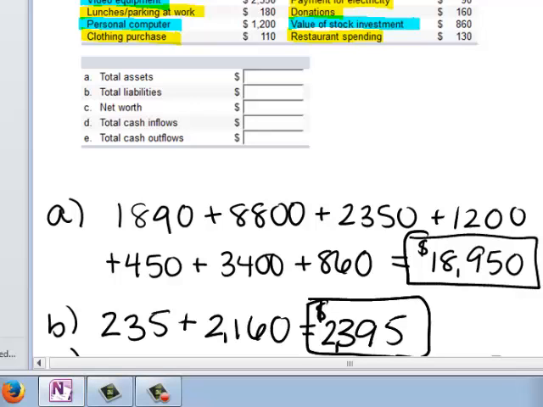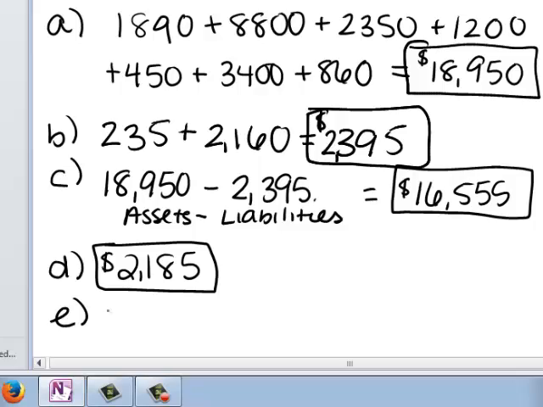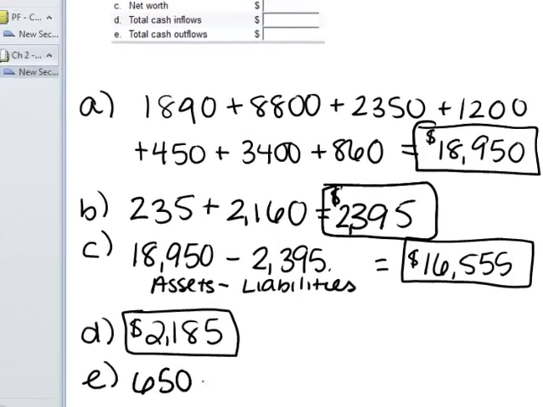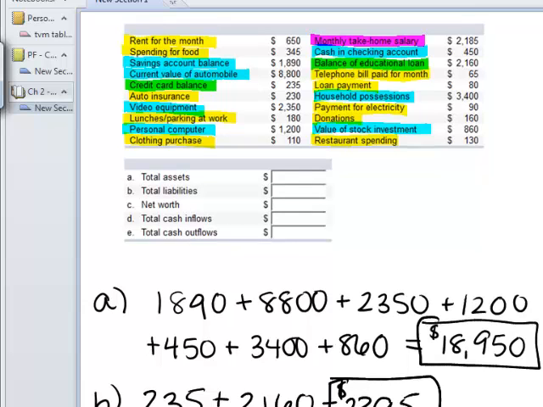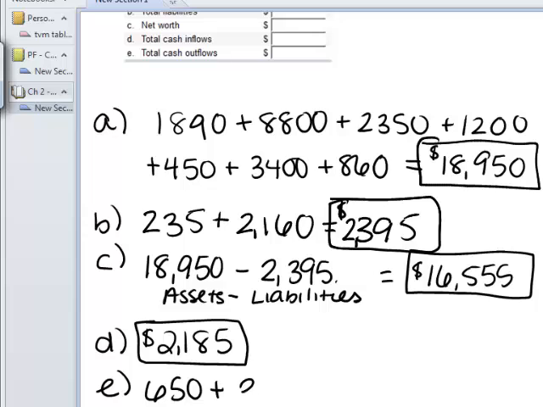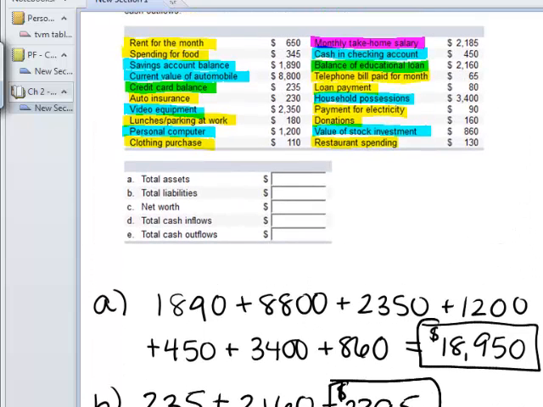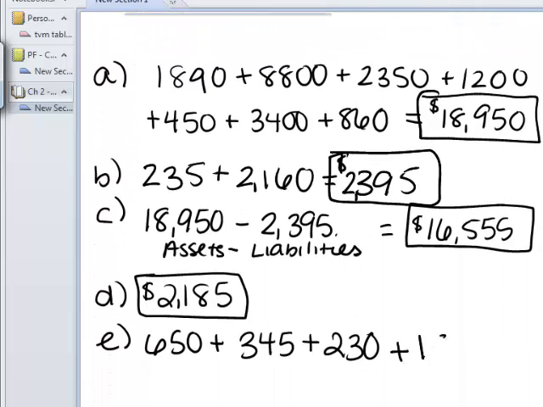I'm starting with $650 plus $345 and $230. That was for my car insurance, I think. $180 for lunches and $110 for clothing.